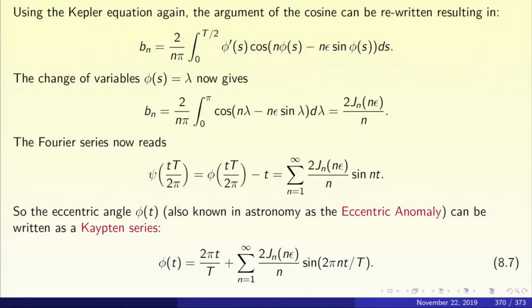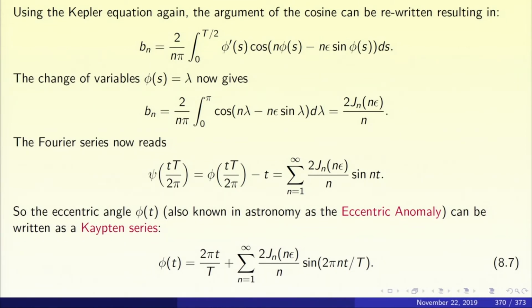So we have found the Fourier coefficient in terms of the Bessel function, and we have written down psi of tT by 2 pi, which is phi of tT upon 2 pi minus t, as the summation n from 1 to infinity of Jn of n epsilon upon n, sine nt.